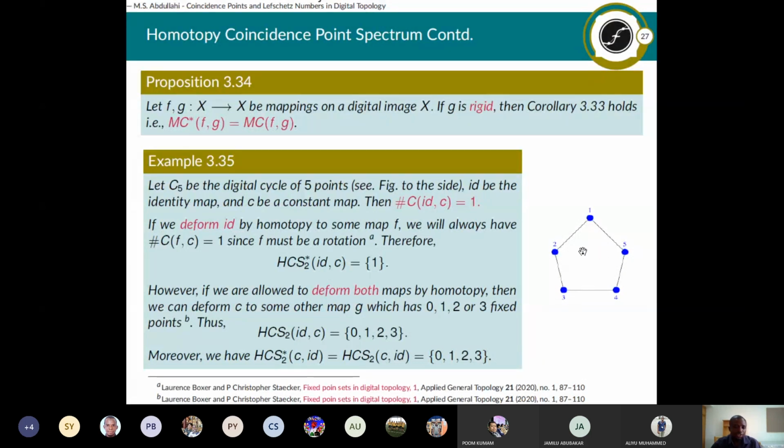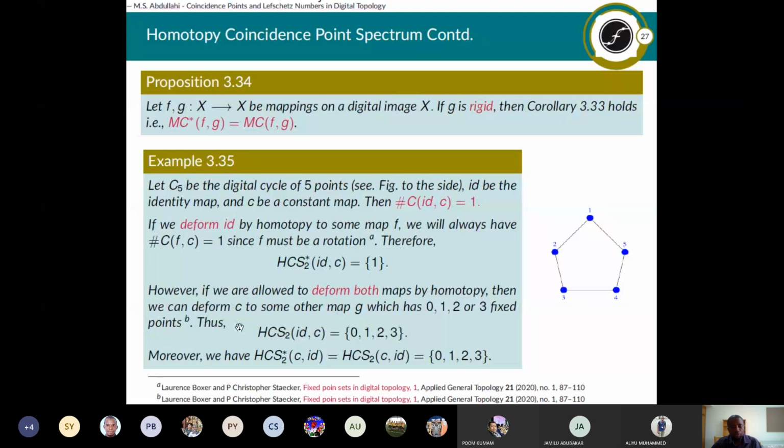And if it is a rotation, then the coincidence between a rotation map and the constant function will have only one element, and the whole homotopy coincidence spectrum will be only a singleton containing the number 1.